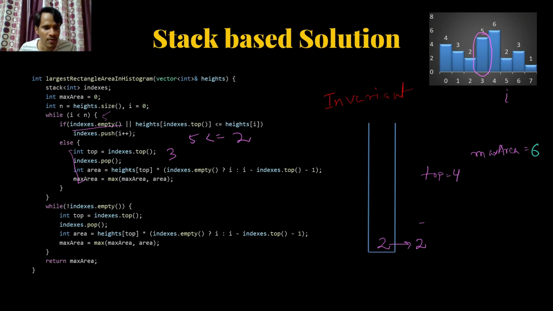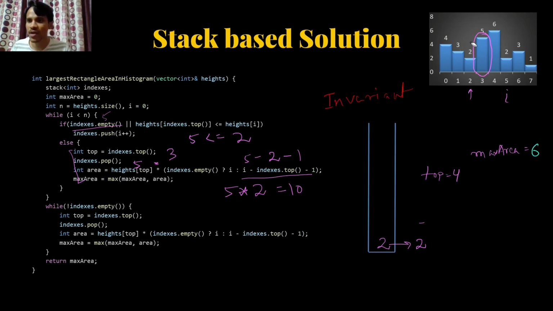So the height at index 3 is 5. Okay, 5 is the height multiplied by, since the stack is not empty, we go to the else part. So I is currently 5 minus indexes dot top, which is currently 2, right, minus 1. So this is 2. So the 5 into 2 will give us 10.